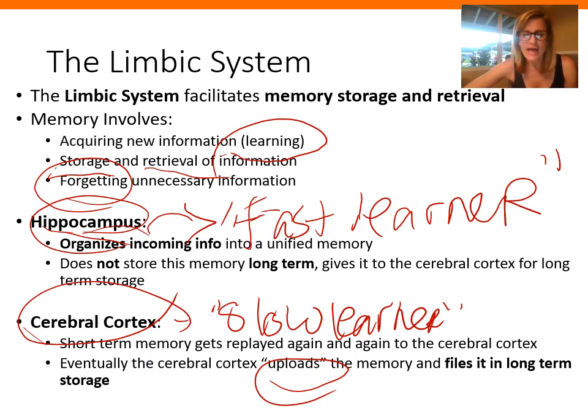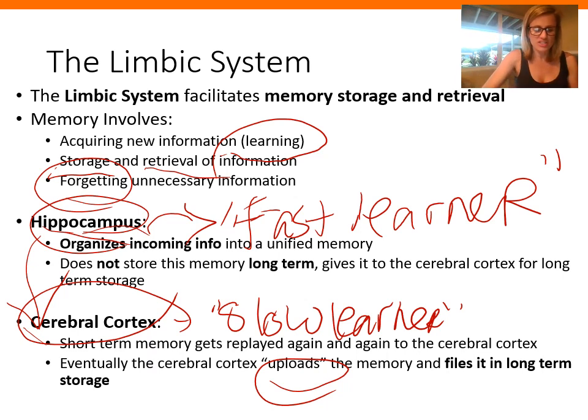If you guys have seen the movie 50 First Dates with Drew Barrymore, and I can't remember the name of the guy who's in it. Oh, Adam Sandler. Drew Barrymore and Adam Sandler. 50 First Dates is kind of exaggerating, but it's showing you an example of somebody who has a problem filing information from the hippocampus into their cerebral cortex.